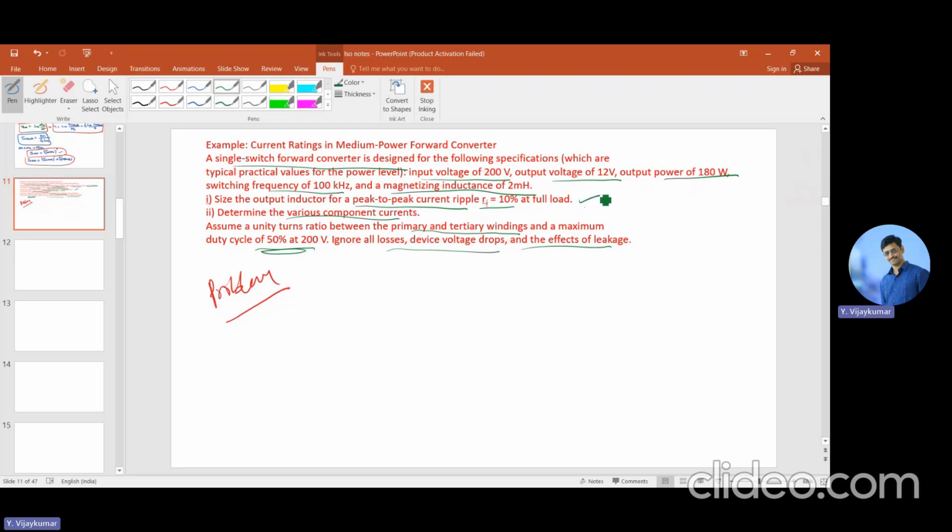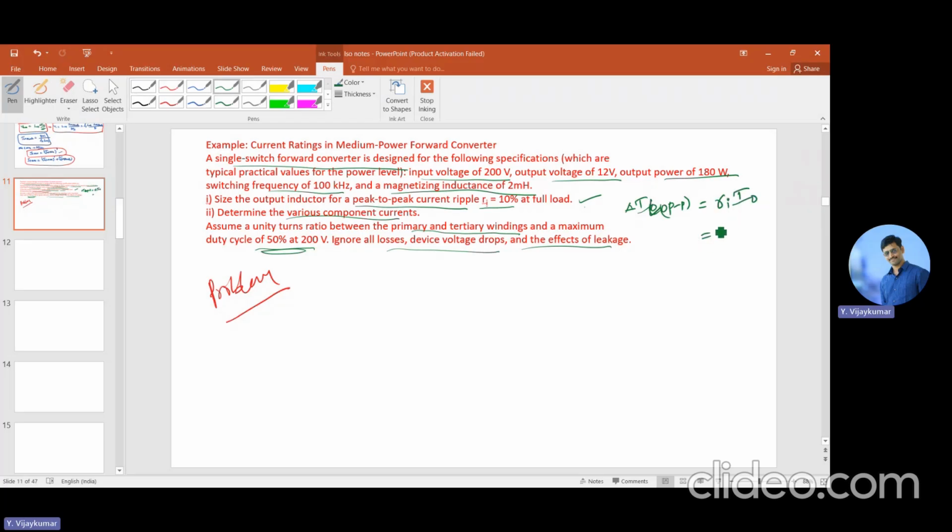what is the formula for the output ripple current? We had a formula in the last class. Delta IL naught peak to peak is equal to Ri into I naught.